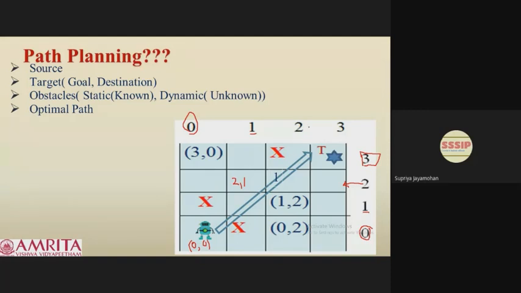Similarly, if you consider this one, this is the second column represented as 2. Actually, it is the third column. So here you could see this is the first row and this is the second column.